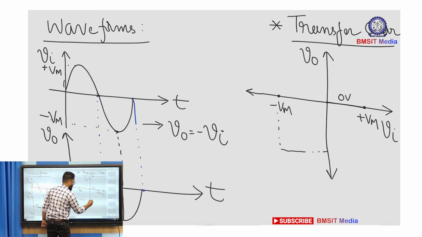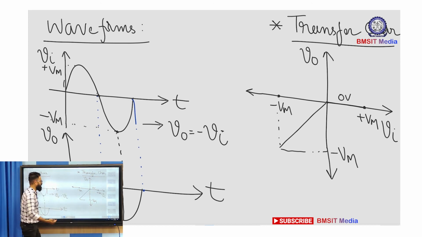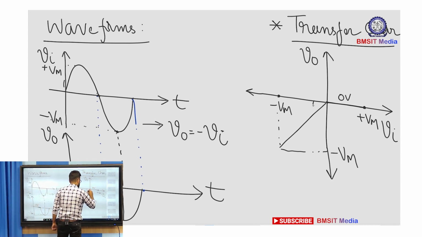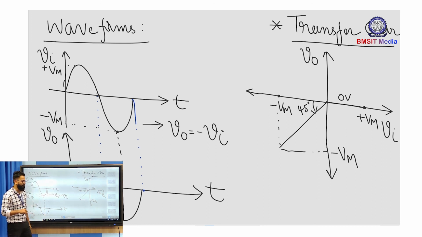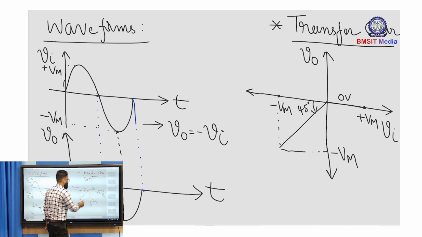Which is nothing but a straight line. Okay, and the angle is 45 degrees, because you will get a perfect square, and the diagonal will have an inclination angle of 45 degrees.